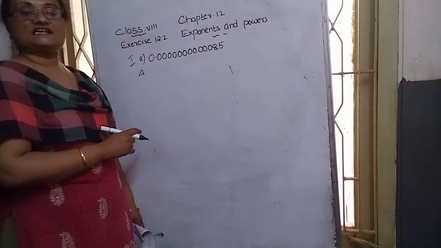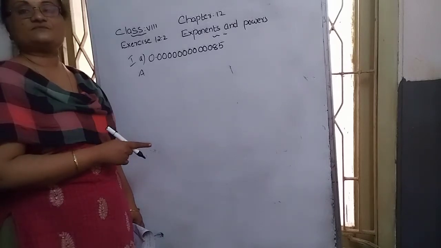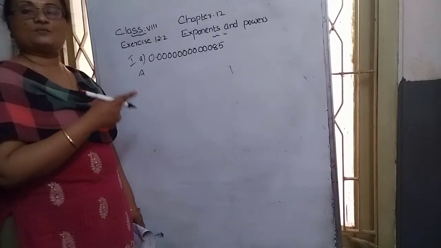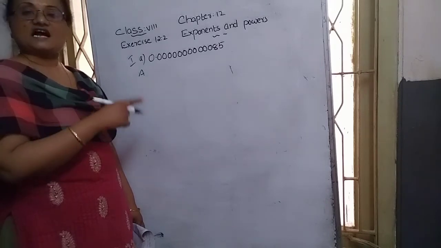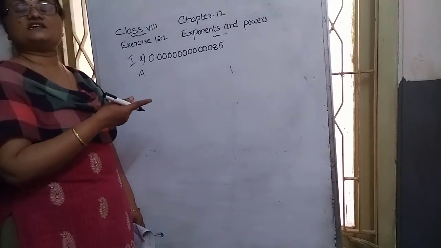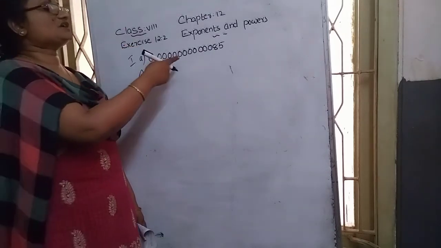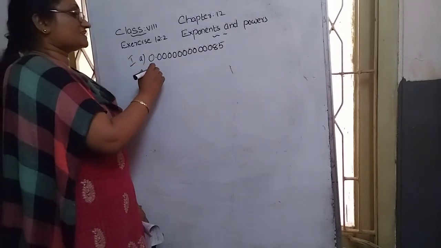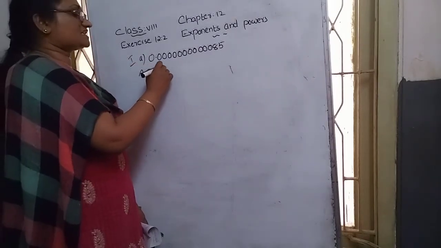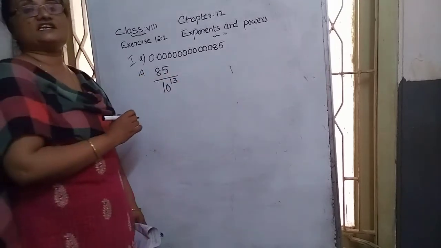We learned that one digit after the decimal point means divide by 10, two digits means divide by 100, three digits means divide by 1000. So here, 13 digits are there, so we can write it as 85 by 10 raised to 13.